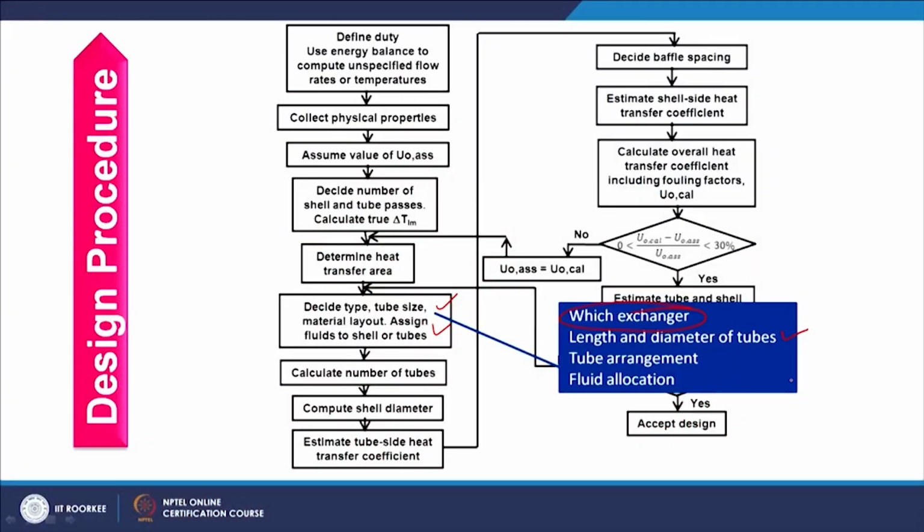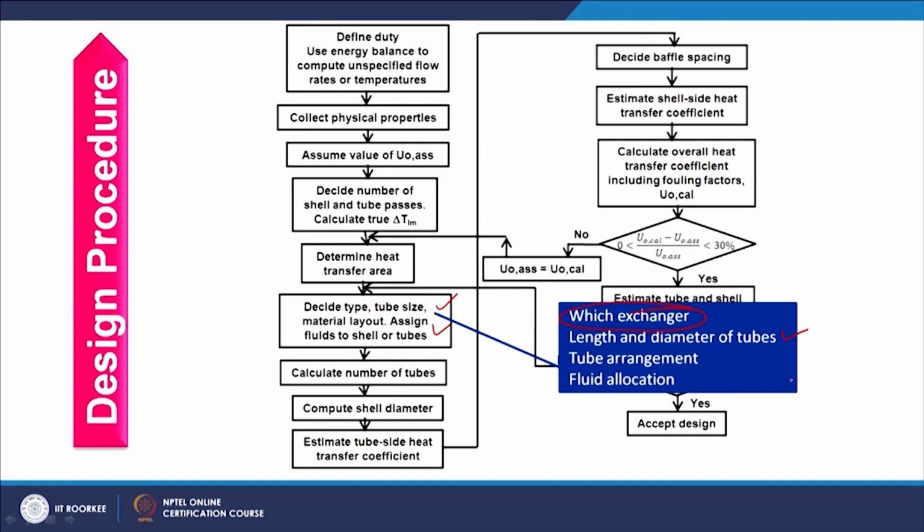In this way you can decide the type of exchanger, the length and diameter of the tube, the tube arrangement, and after allocating the fluid, you can proceed to calculate the number of tubes.